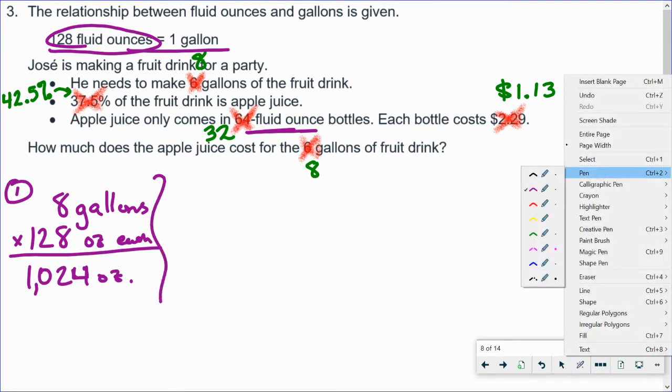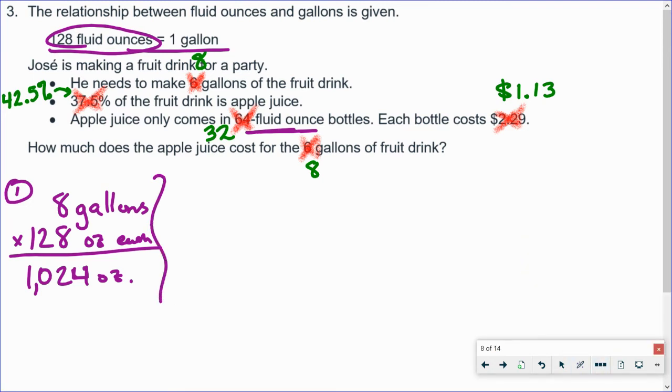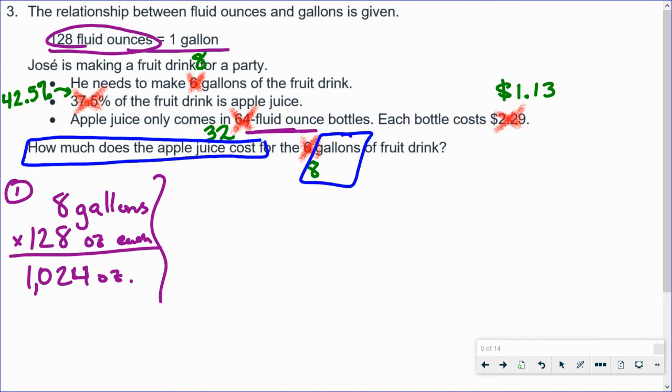Step number 2. Well, let's pause for a second. I hope you've read it. But the question is, how much does the apple juice cost if we're talking about 6 gallons of this? Now, why do we find ounces? Because we got taken care of this part. We know how many ounces are in 8 gallons.